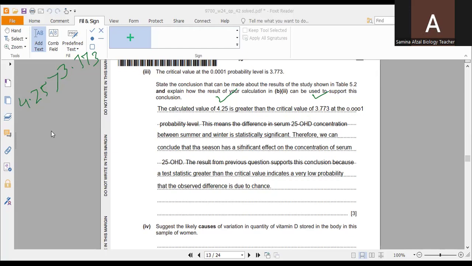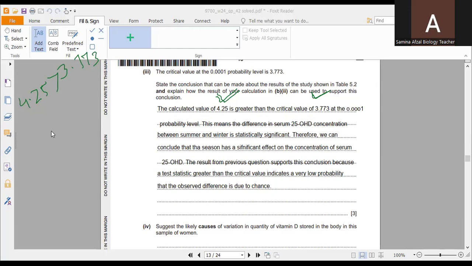So in this way, I would like to say that this means the difference in serum 25-OHD concentration between summer and winter is statistically significant, because this value is larger than this value. So it shows the significance in the data.